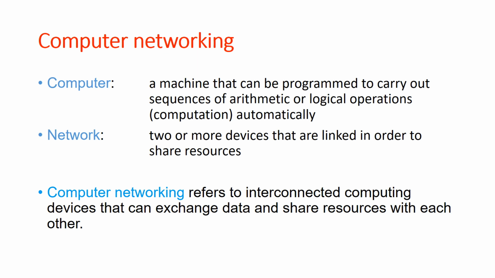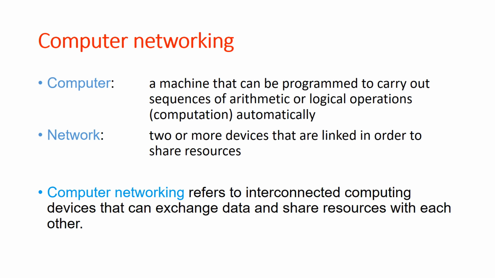So now, what is computer networking? Now that we know what a computer is and what a network is, let us define computer networking. This refers to an interconnection of computing devices that can exchange data and share resources with each other.